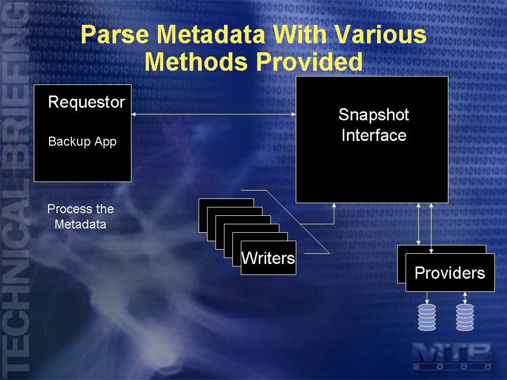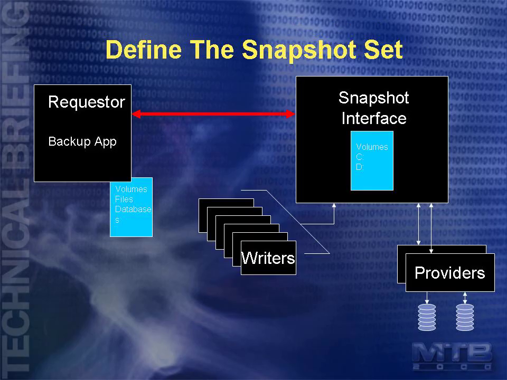So he processes the metadata, and from this he can aggregate a list of what needs to be backed up. Perhaps the operator hasn't decided to back up everything, so he can say, I need to back up my C: and my D: in these specific directories. So he's already got a lot of information about the services and applications that are running at this point.